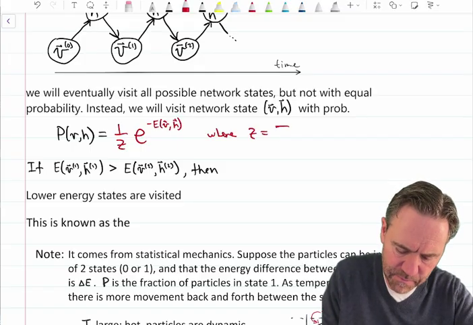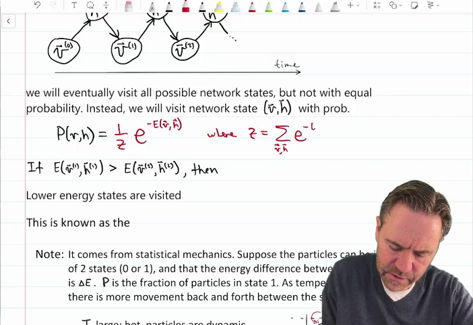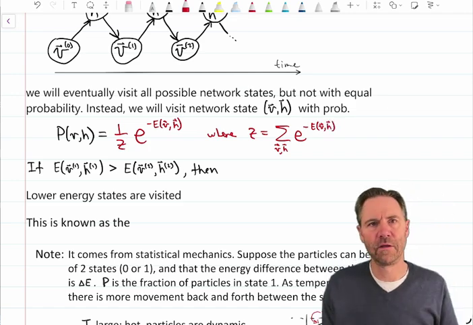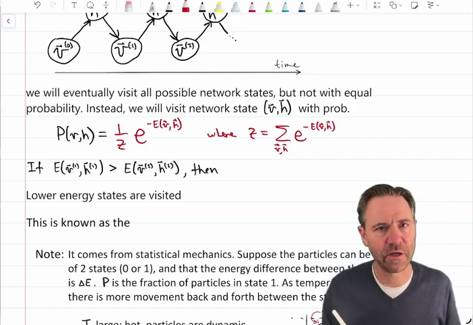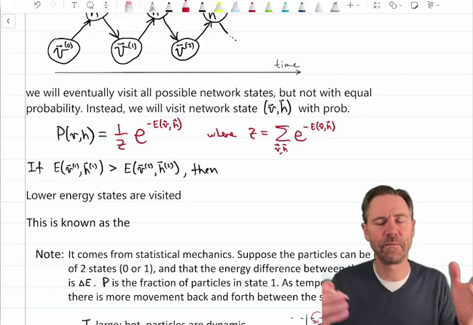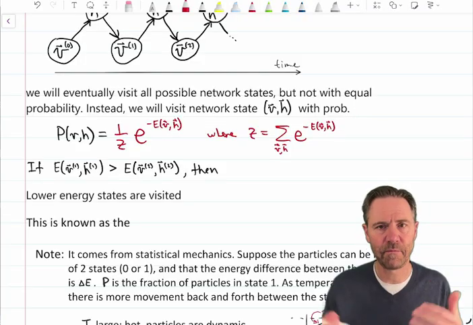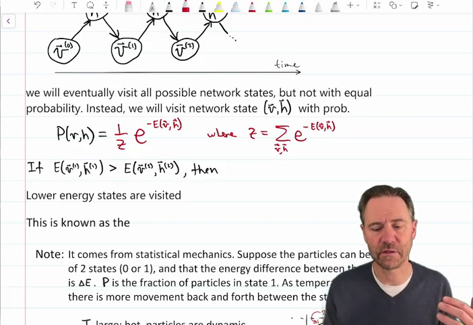It's the sum over all v's and h's of e to the minus E of VH. This might look familiar. This is basically like the softmax: e to the z divided by the sum over all the e to the z's.